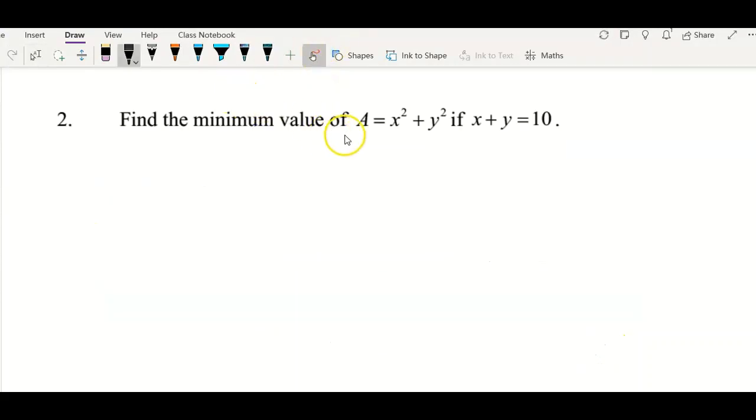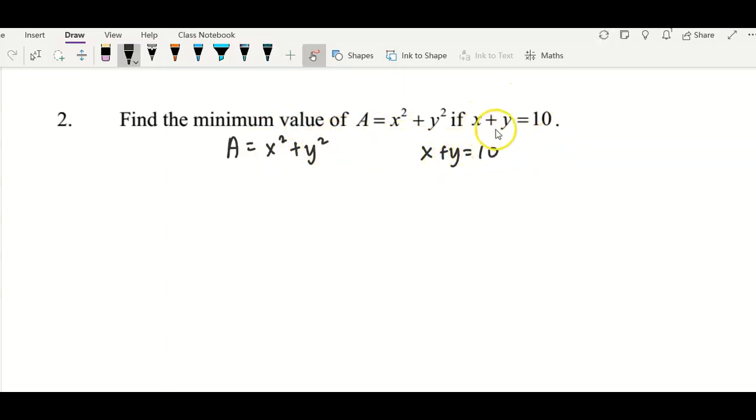For question 2, you need to find the minimum value of A, where A equals x squared plus y squared, if x plus y equals 10. If we want to get the minimum value of A, we need to find dA/dx or dA/dy. Since A consists of two variables, x and y, I need to eliminate one of the variables, so I can substitute x.